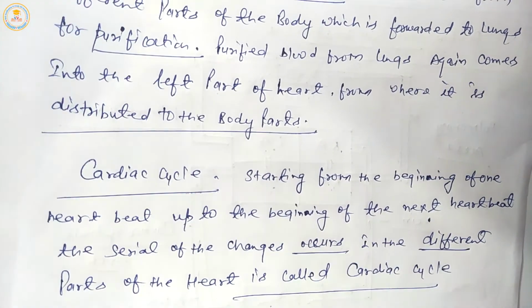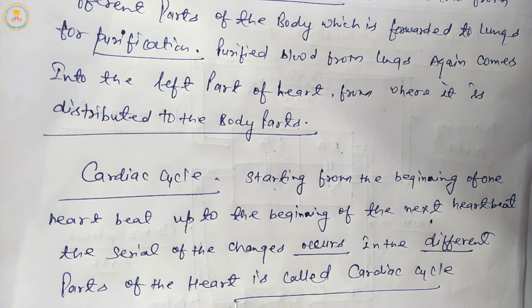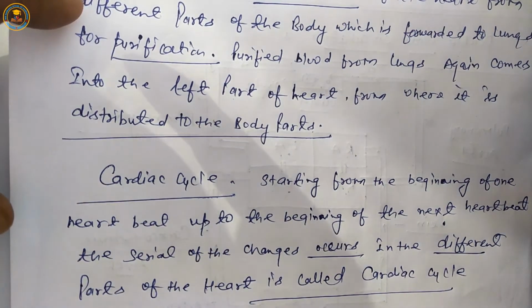Once again, from the beginning of one heartbeat up to the beginning of the next heartbeat, the serial changes of different parts of the heart, meaning in the auricle part and the ventricle part, are called the cardiac cycle.